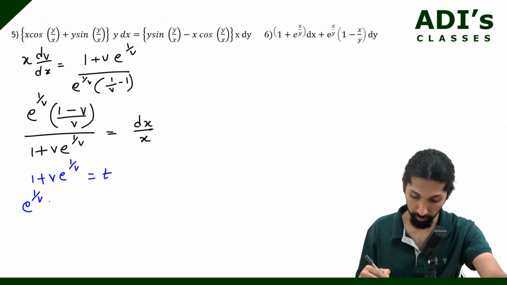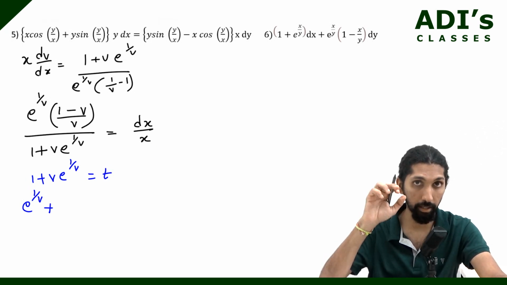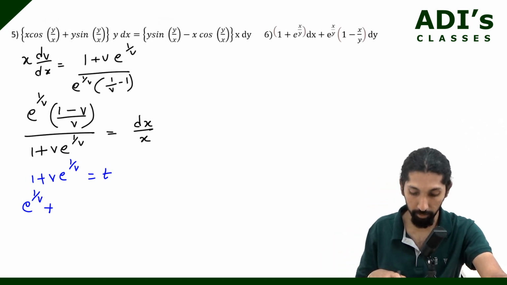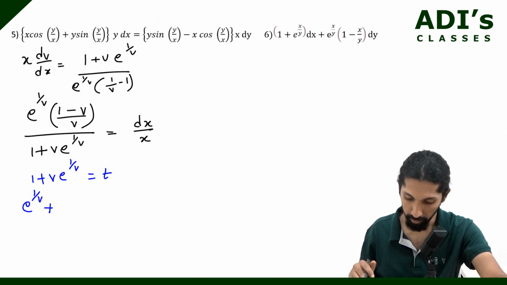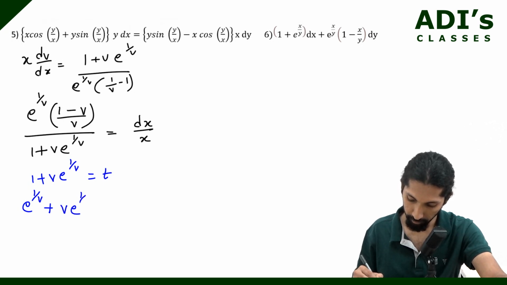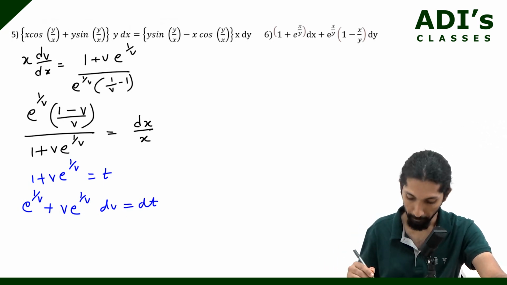plus, see, remember, we are differentiating, correct? So, the derivative of 1 is anyway 0. The derivative of v is 1. So, e power 1 by v plus v e power 1 by v is equal to dt, correct? Now, you can take e to the power 1 by v common.